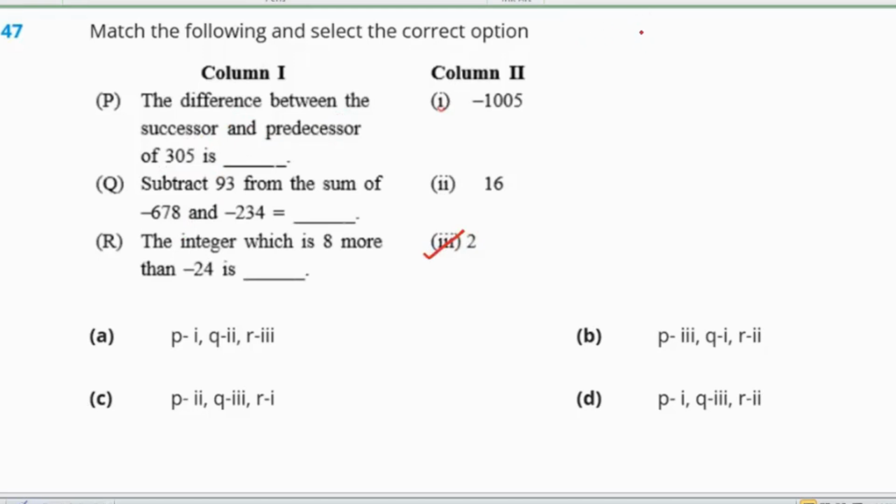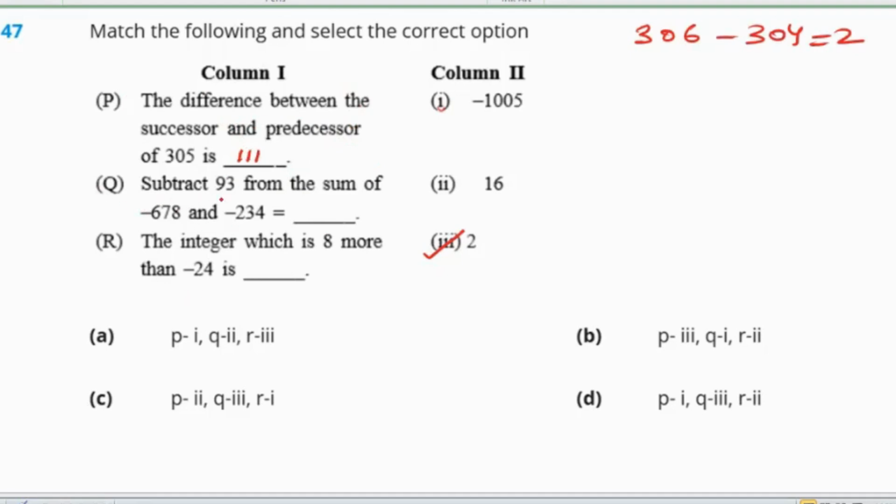If we solve it, the successor is 306 and the predecessor is 304. When we subtract, we get 2. So the first answer has to be option 3, which is 2.